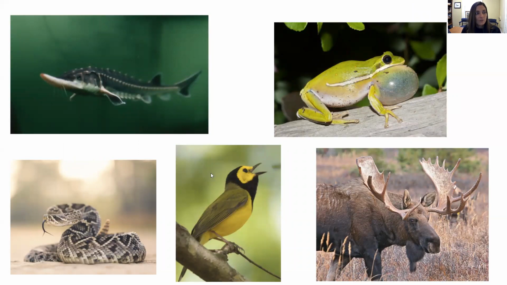We're going to go through fish, amphibians, reptiles, birds, and mammals. And again, you look at these body forms, the behaviors, vocalizations, and some adaptations for obtaining prey, avoiding prey, competing for mates.